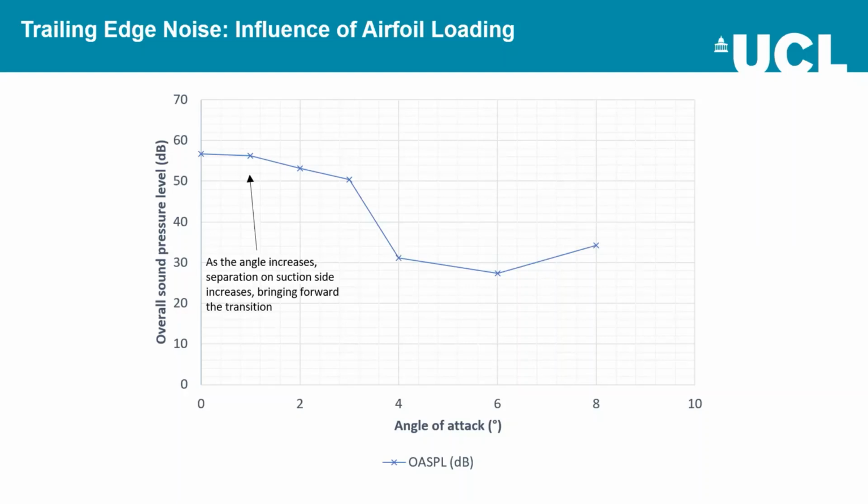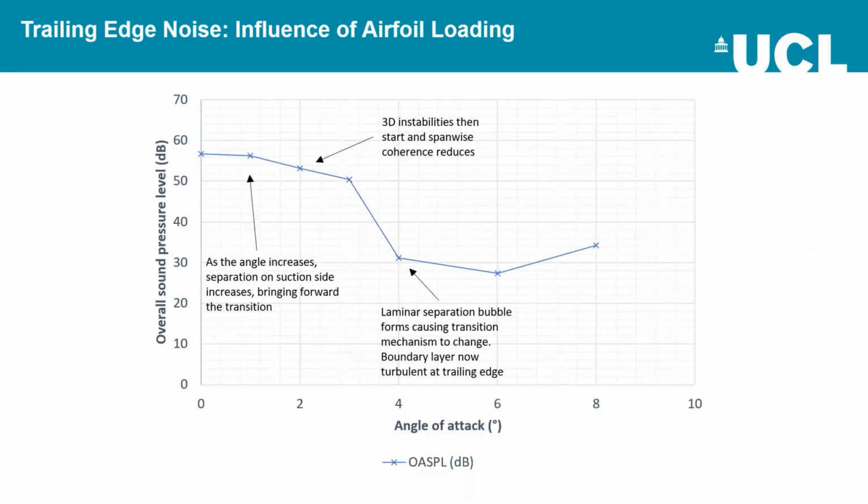And that brings forward the transition point due to the adverse pressure gradient. And what that does is it allows for three-dimensional instabilities to start to creep in. So as well as the TS wave causing the initial transition of the boundary layer, we start to get these three-dimensional instabilities, and they reduce the span-wise coherence, which reduces the acoustic efficiency.